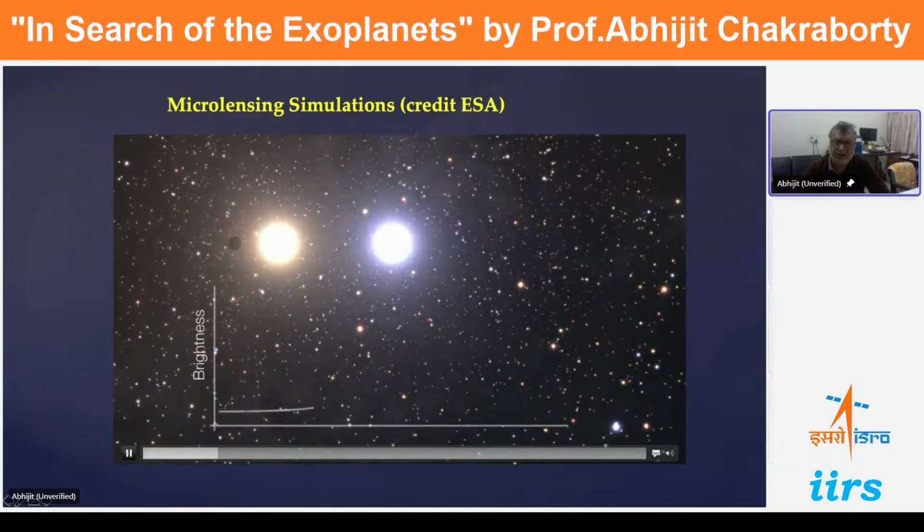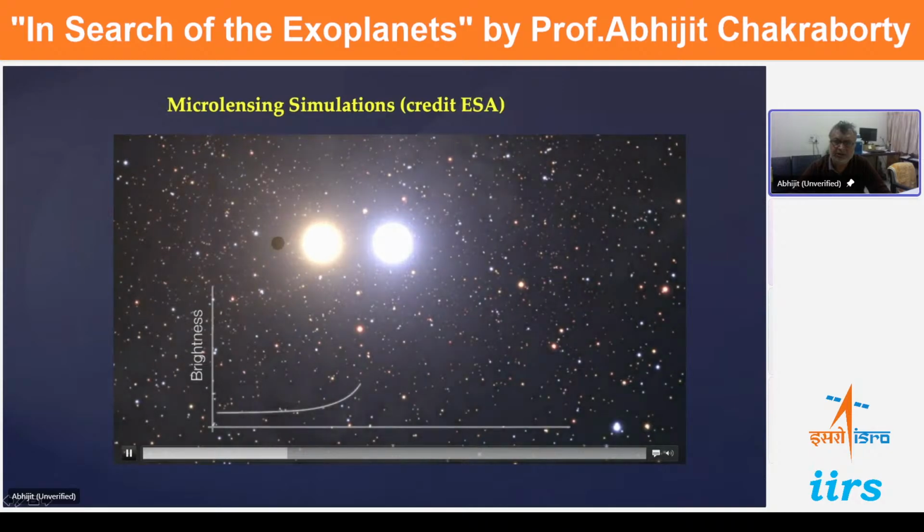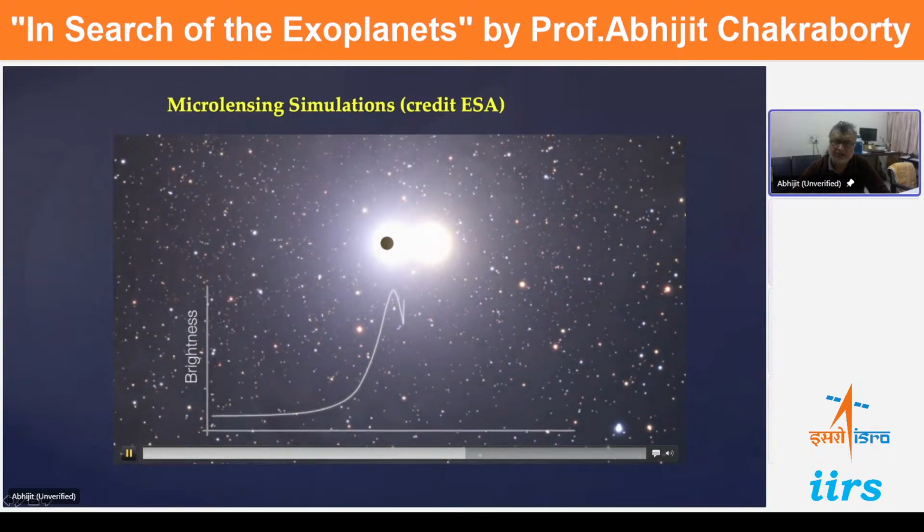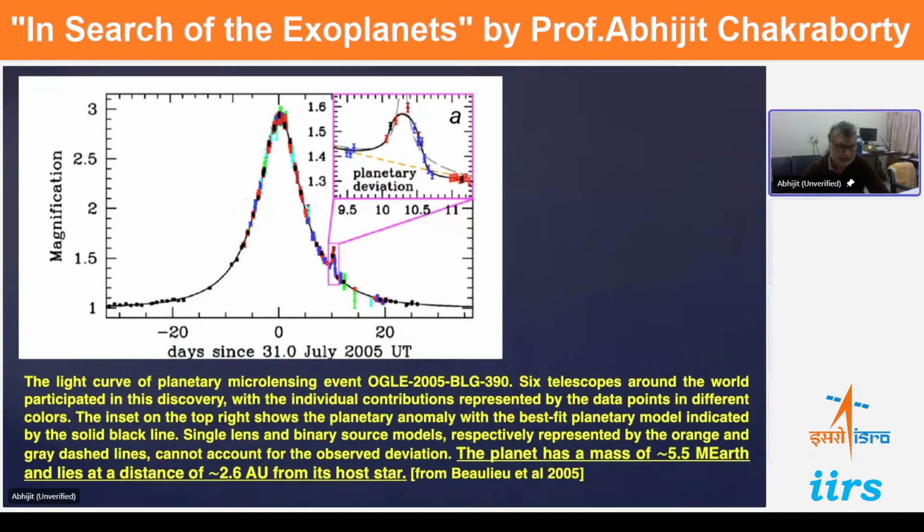As you see the star comes within this, you can see that as the star is approaching, the light is getting bent, so the intensity of the background light is increasing. This shows the intensity of the background light. Okay, it is increasing.